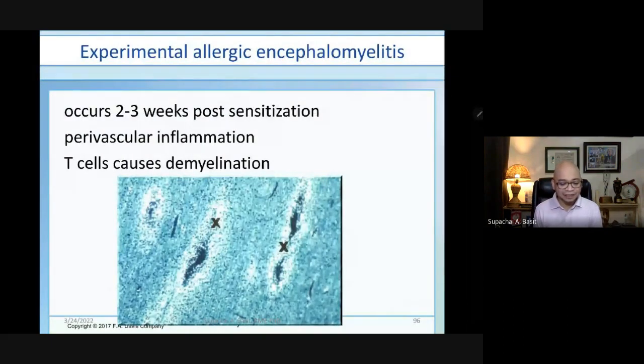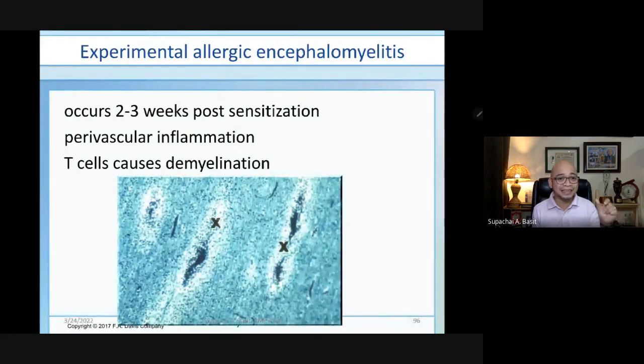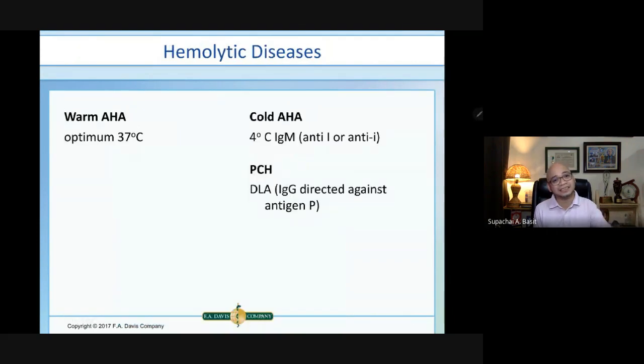Experimental allergic encephalomyelitis can occur in the laboratory. It occurs 2 to 3 weeks post-sensitization upon exposure. Okay, so this one is characterized by perivascular inflammation. And T cells will cause demyelination, or the destruction of the myelin sheath of the nerve cells.